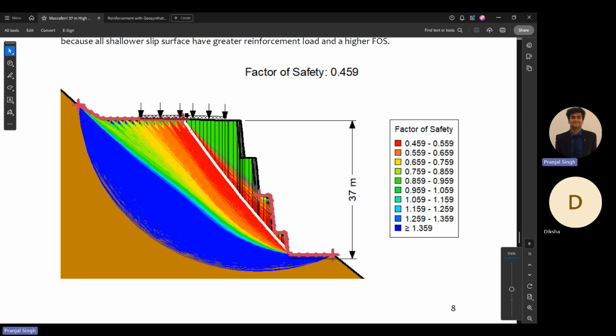The amount of reinforcement can be calculated by the formula discussed in the course. Using that, you can get an idea of what the number of reinforcement layers should be, and then the spacing is decided based on the individual tension forces which are applied.